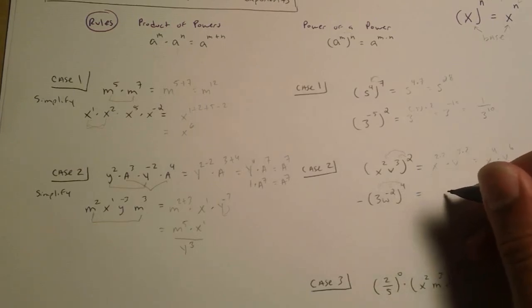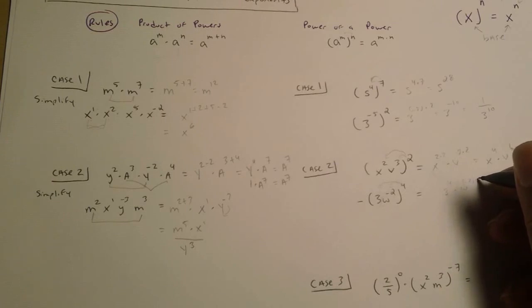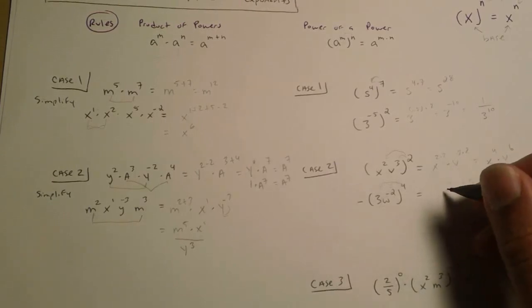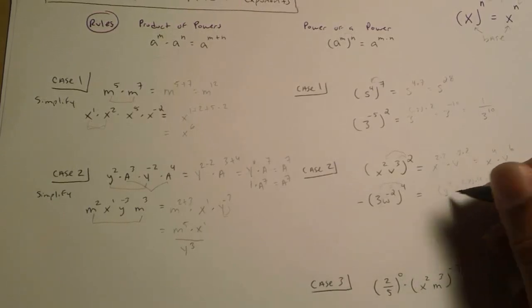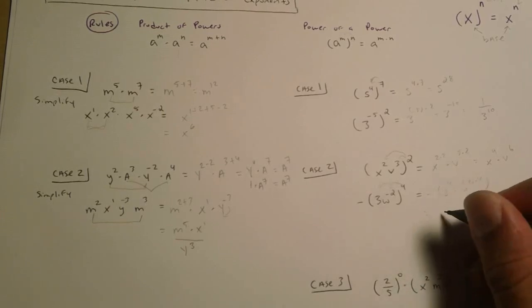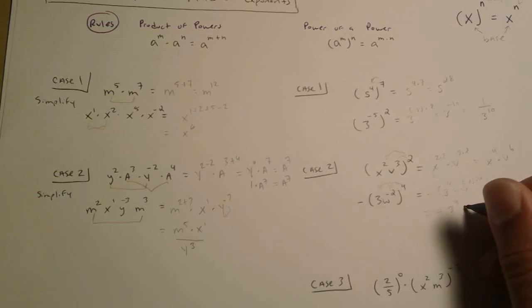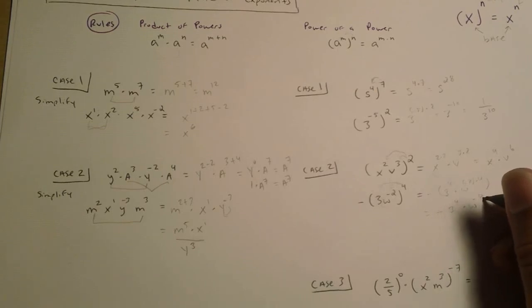So right here we have 3 to the power of 4 times w to the negative 2 to the power of 4, negative. And then right here we have negative 3 to the power of 4 times w to the negative 8.